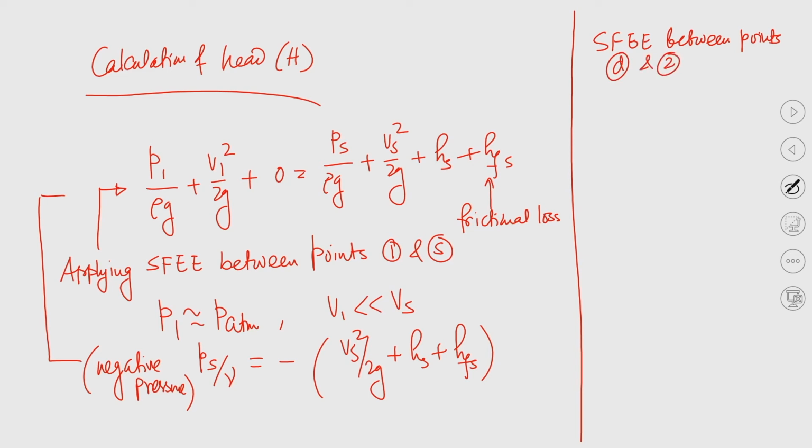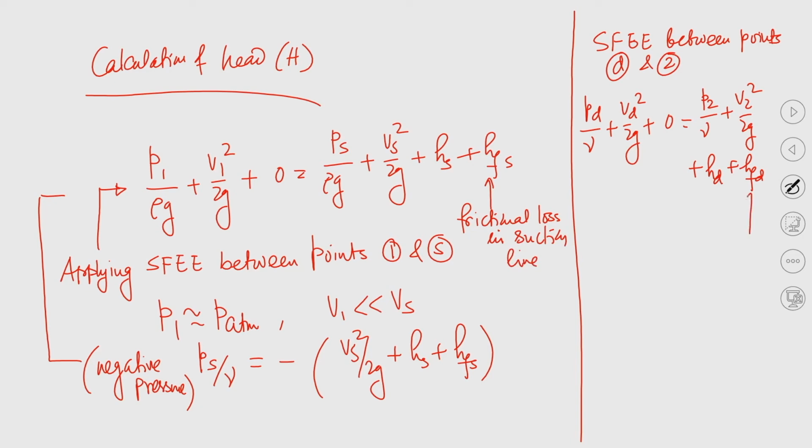We can write Pd by rho g, that is gamma, plus Vd square by 2g plus 0, as we are taking this as the datum, equal to P2 by gamma plus V2 square by 2g plus Hd plus Hfd. Here Hfs is the frictional loss in the suction line, and this is the frictional loss in the delivery line.